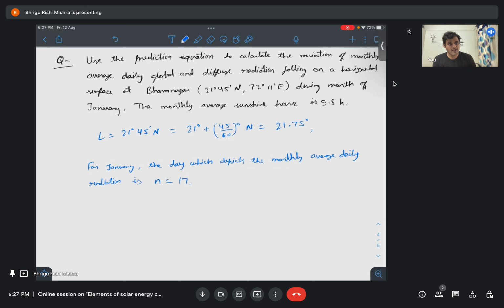So all the calculation will be done for n equals to 17.